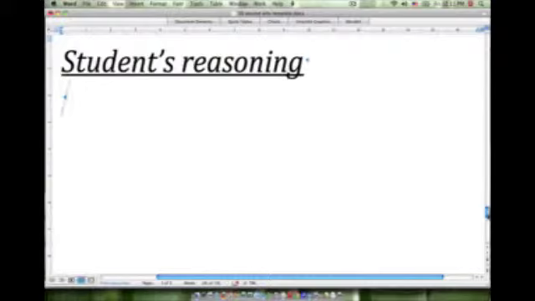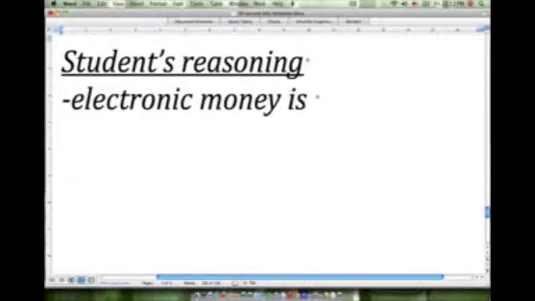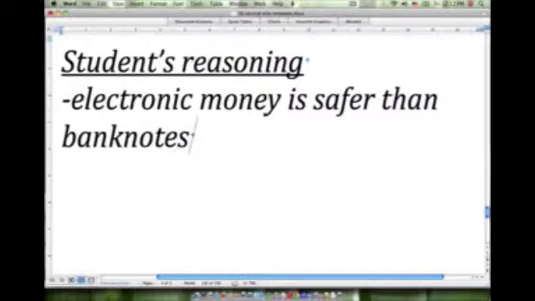And the first reason they give to support this is in their topic sentence, which states that electronic money is safer than banknotes. That's what the student is trying to say in their opening sentence. The problem is they write the sentence a little bit too long.